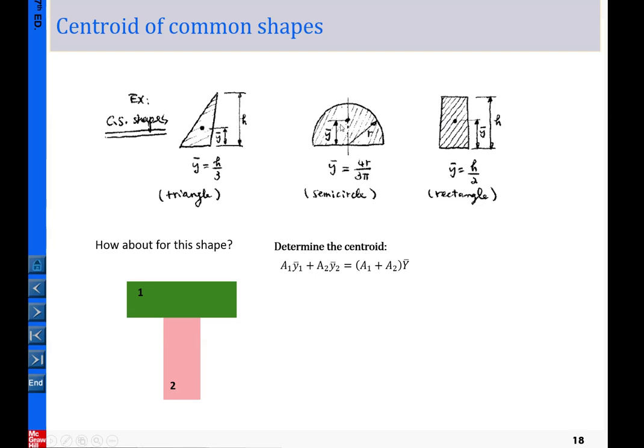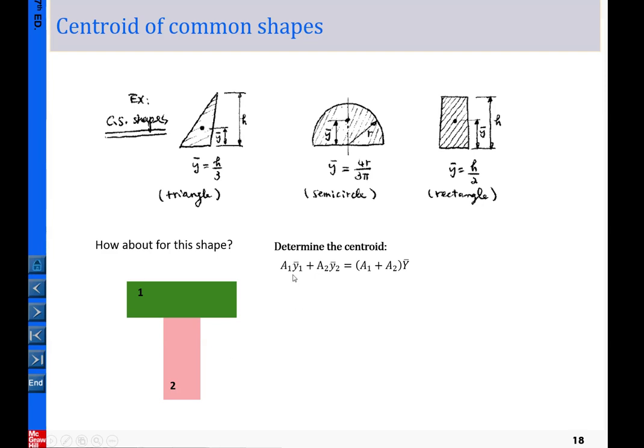For a semi-circular shape, the location of the centroid is y bar equal to 4r over 3 pi. And how about this case? This is a composition of simple geometrical shapes forming a cross section. This kind of T shape is pretty common in beams taking loading, and of course we have other types of shapes.